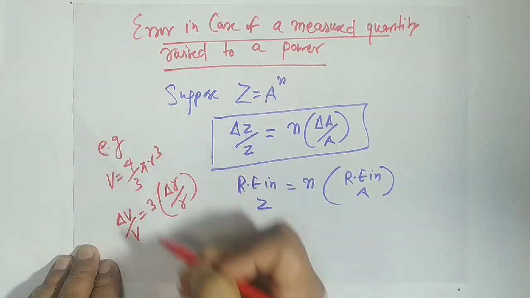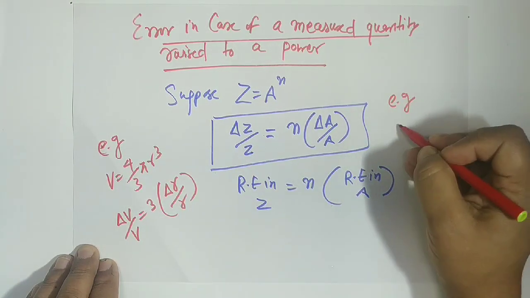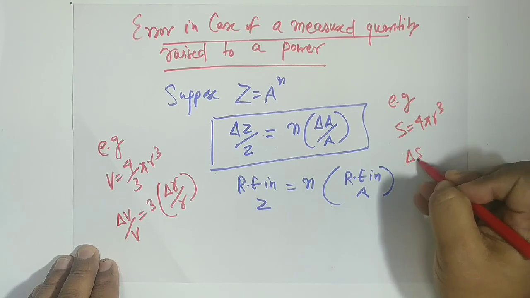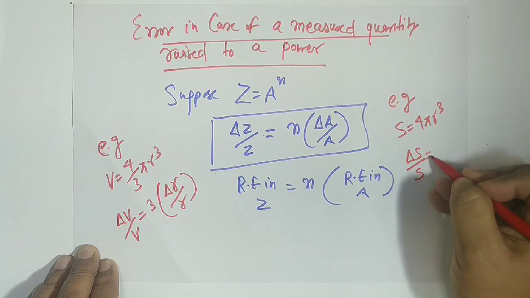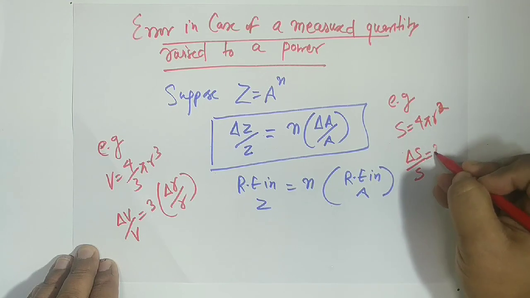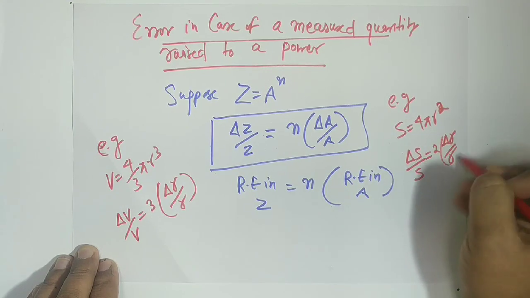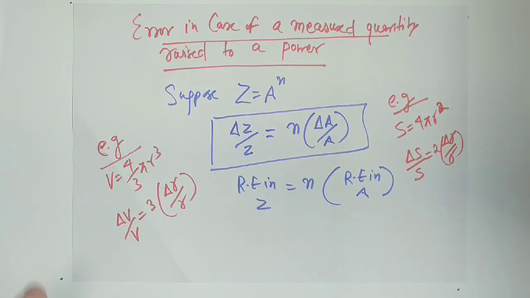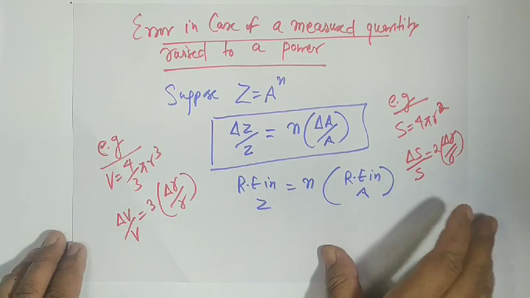Similarly, for the surface area 4 pi r square, delta s by s will be 2 times delta r by r. So these are the examples for error in case of a measured quantity raised to a power. So these are the rules.